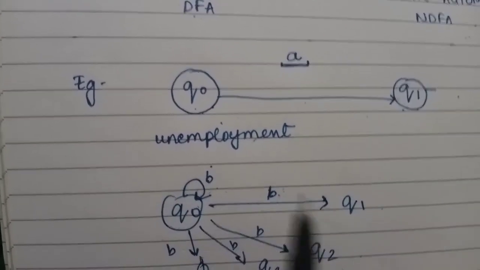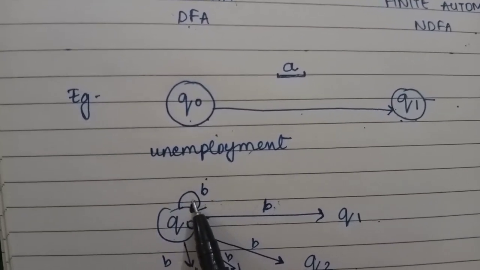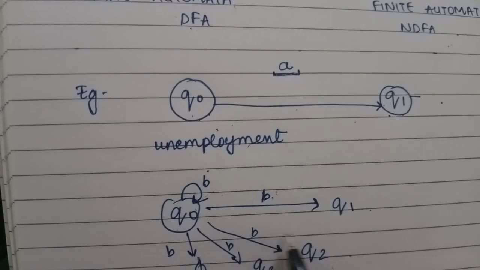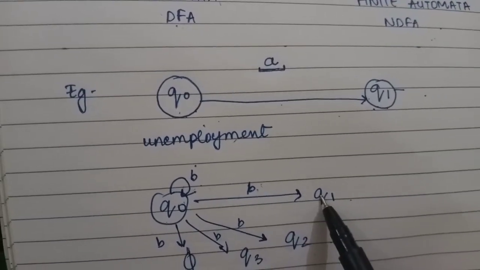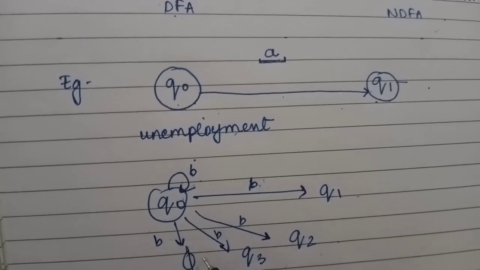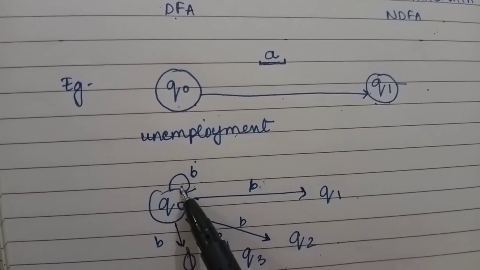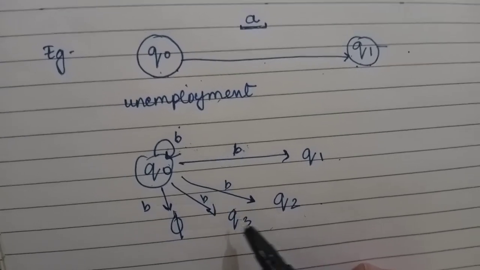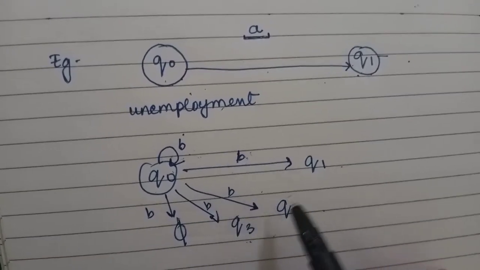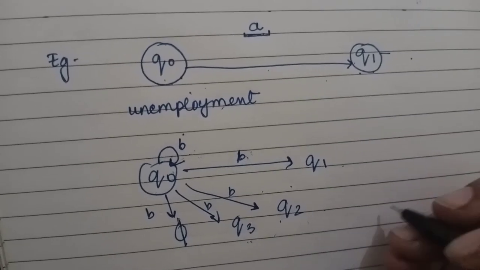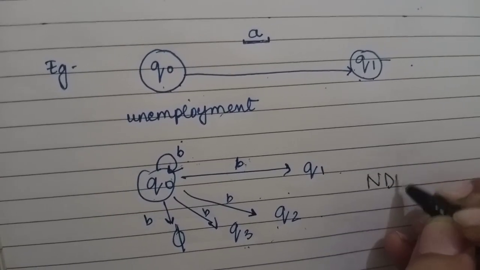So there's an endless loop where he's trapped in unemployment. So there are multiple options for him or her to go for, company A, B, or this business that is there, and this phi, or he could remain in unemployment. So there are multiple choices for him to choose and get out of unemployment. So this is the example of NDFA.